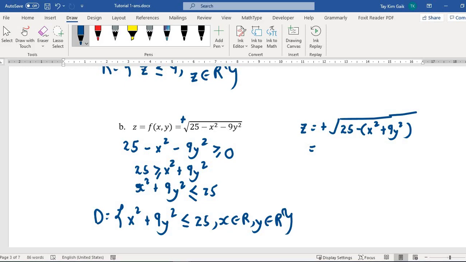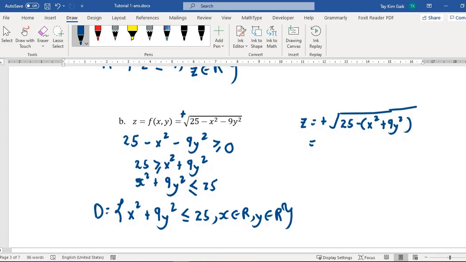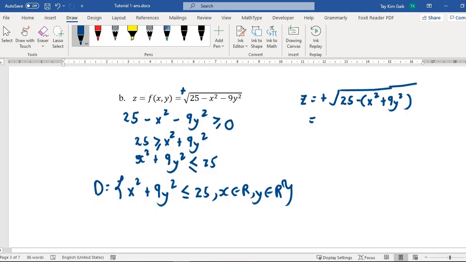For x squared plus 9y squared, after you square, the value minimum is 0, maximum is 25. Why minimum 0?